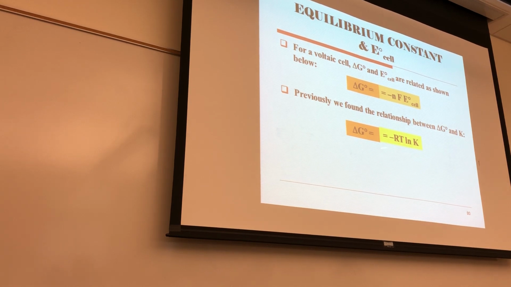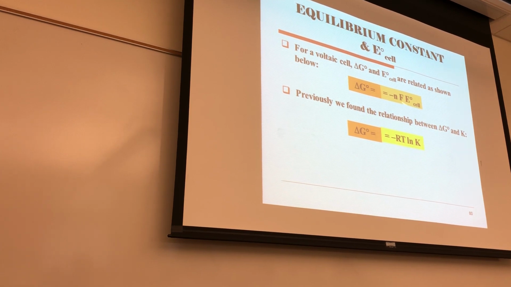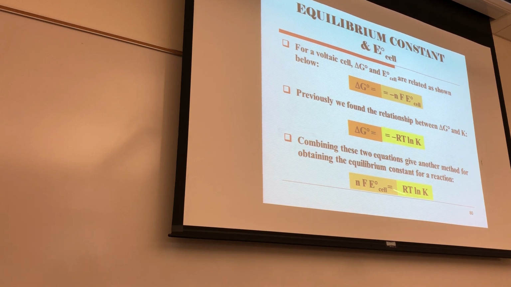Delta G standard state is equal to negative RT log K. And there's my correlation between delta G under standard state conditions and the equilibrium constant. So I can take this and plug it right in there, and I now have my correlation between E of the cell and K.